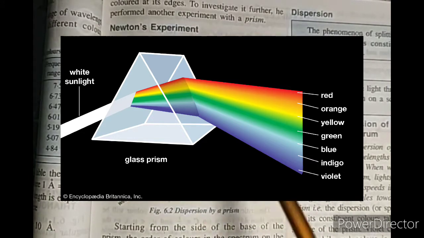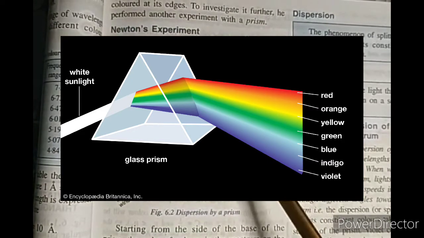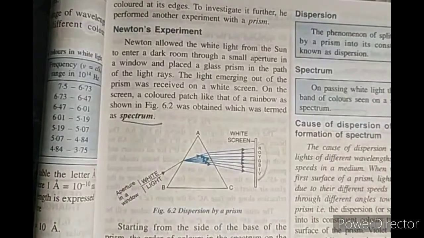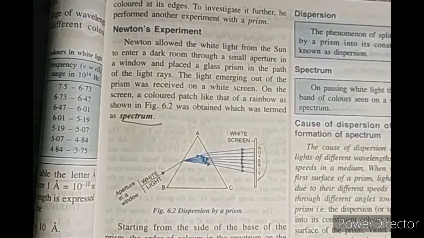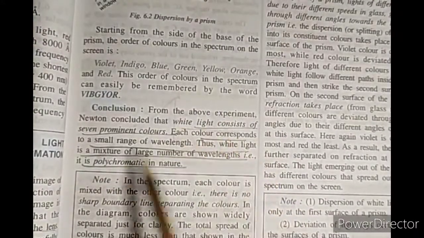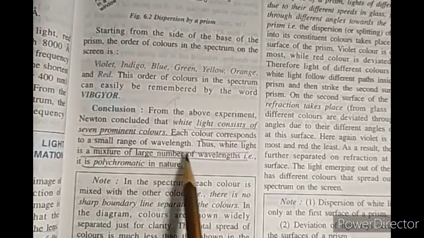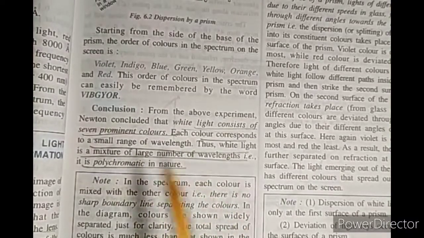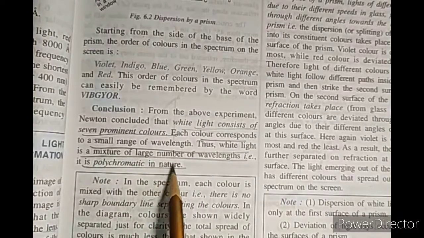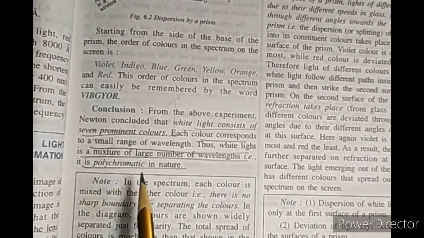The band of colors that we get is known as the spectrum of visible light. So we can conclude that white light consists of 7 prominent colors. Each color corresponds to a small range of wavelength. Thus white light is a mixture of a large number of wavelengths, which is why it is polychromatic in nature.